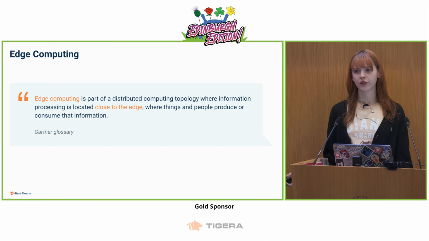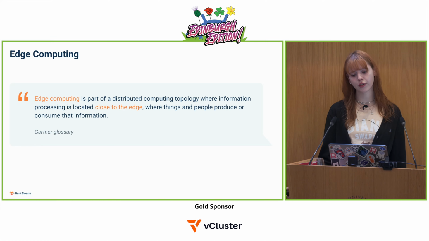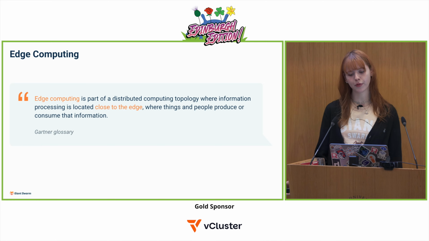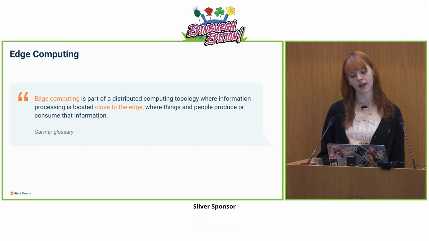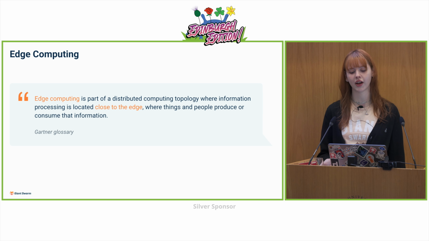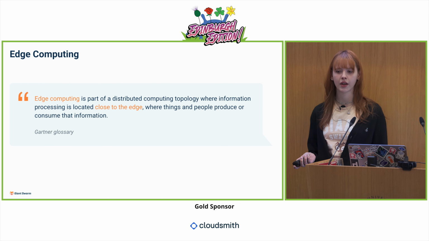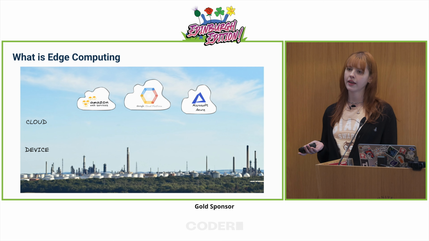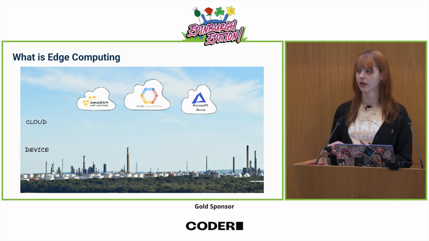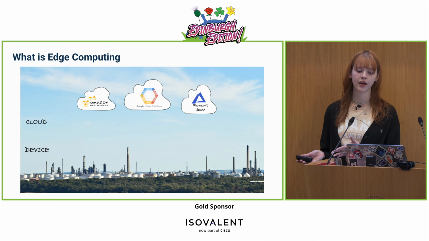So according to Gartner's glossary, edge computing is part of a distributed computing topology where information processing is located close to the edge, where things and people produce or consume that information. Okay, so how does that look like in practice? So in the slide, you can see a factory at the bottom, and then you can also see a couple of clouds in the sky.